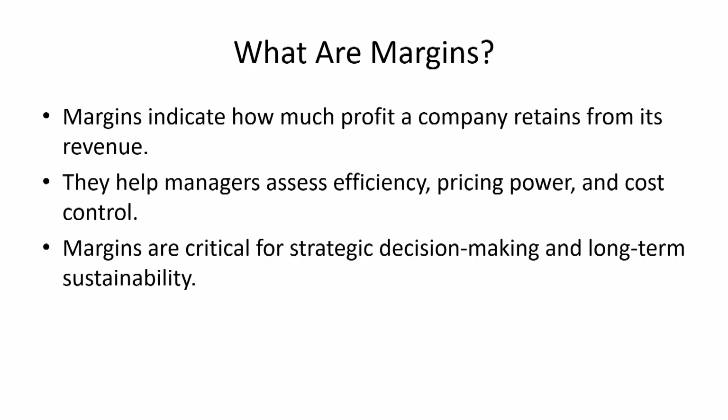Margins are indicators of efficiency and long-term sustainability of a business. Unless there is an acceptable level of margin at each stage of the business calculation, the long-term sustainability of the business is in question.